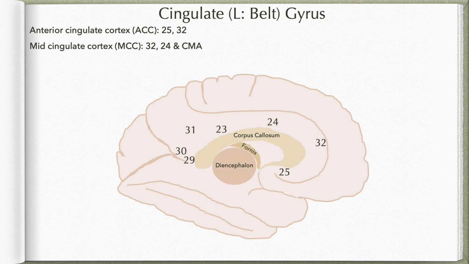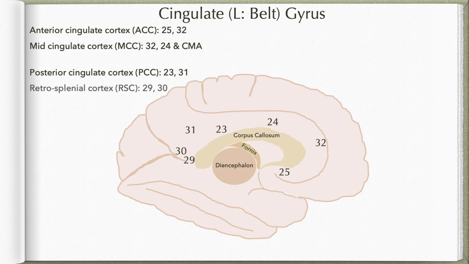Plus there is what is known as cingulate motor area, which will be buried within the cingulate sulcus here at its intersection with the supplementary motor area above that. Then the third part, going further posteriorly, is the posterior cingulate cortex. That includes areas numbered 23 and 31.